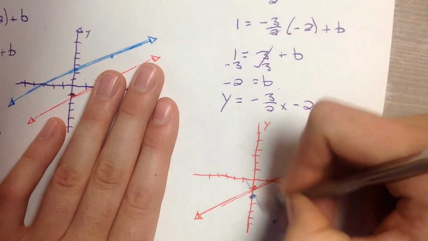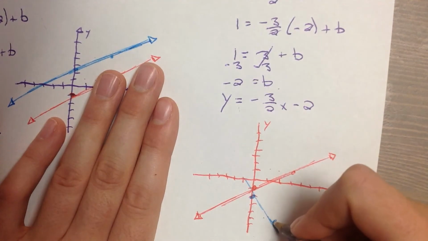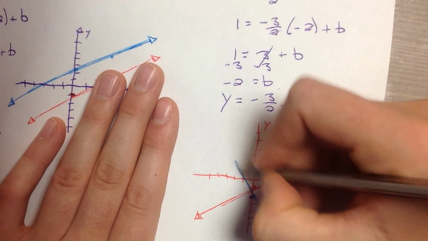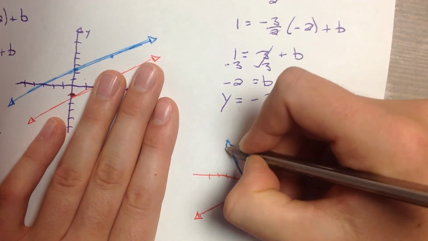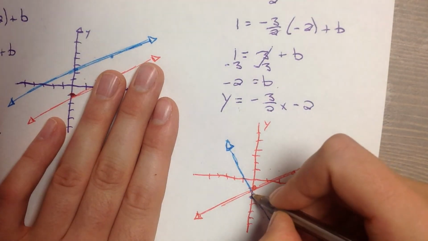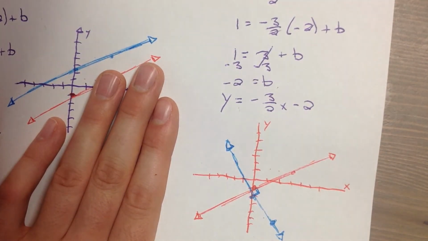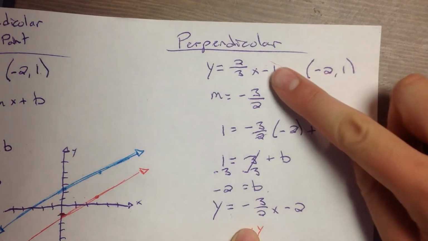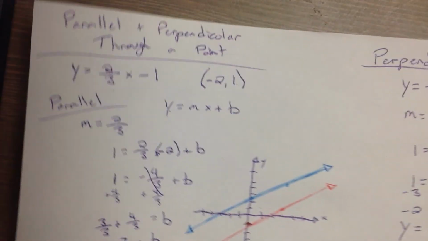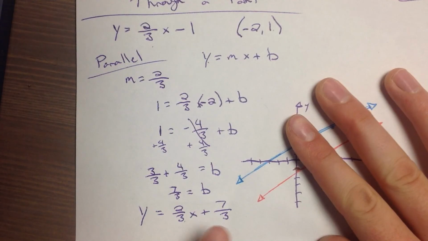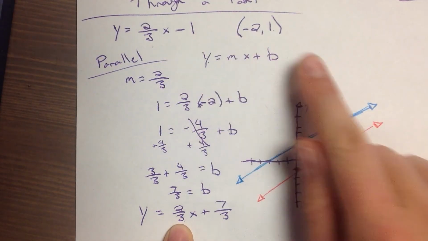So we have a line that looks like this. And they form a 90-degree angle. Both these lines go through the point -2, 1, and our second one being perpendicular to it through the point, our first set being parallel to it through the point.